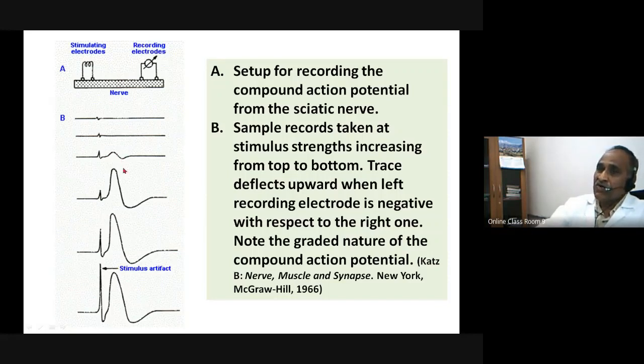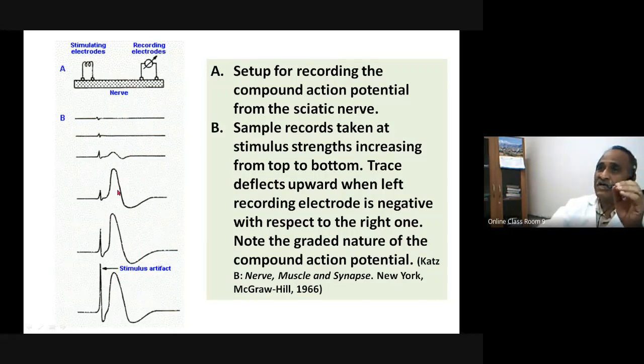If I make it 4 units here, the amplitude increased. And when I have increased to 5 units, you can see that the stimulus artifact is increasing and the amplitude increased. As I stimulate further, the amplitude increased and reached almost the same height as this. Now, these amplitudes are the real amplitudes.